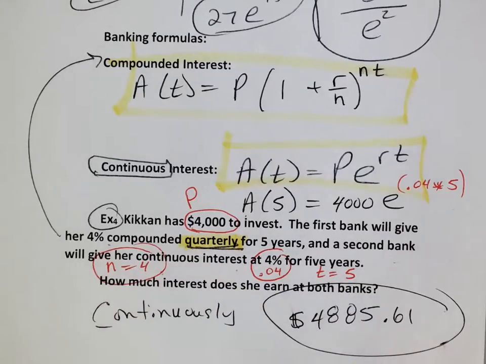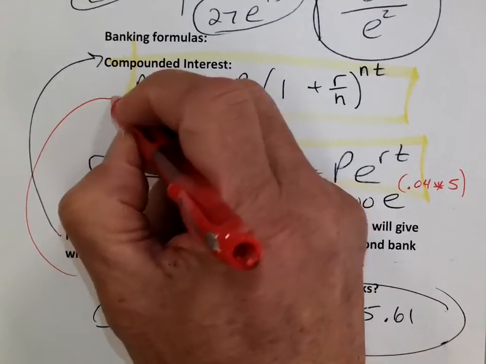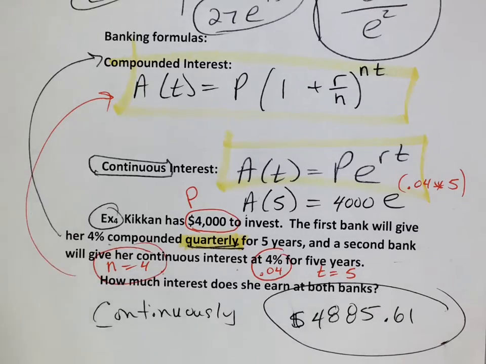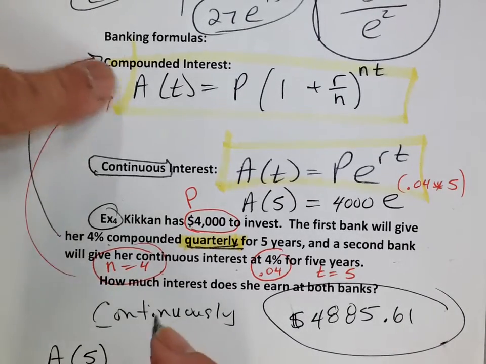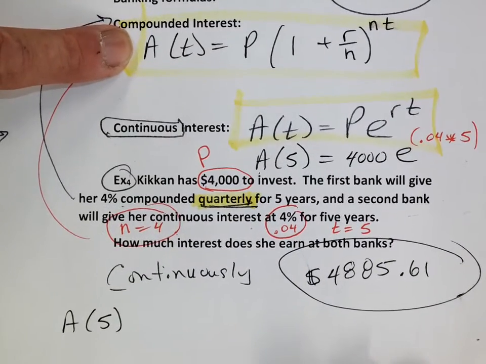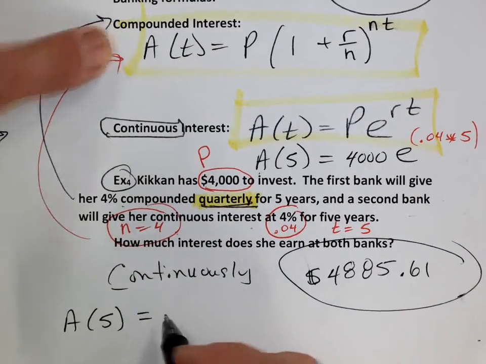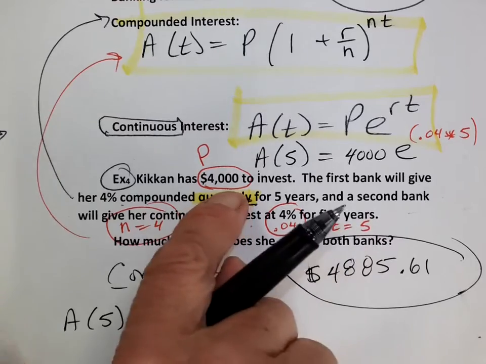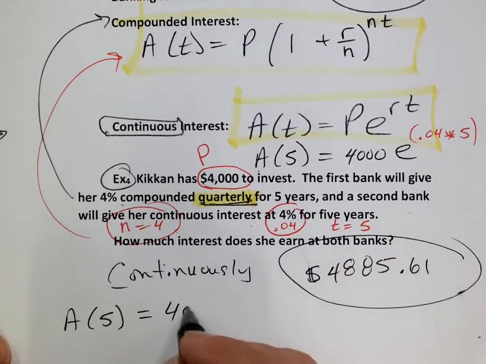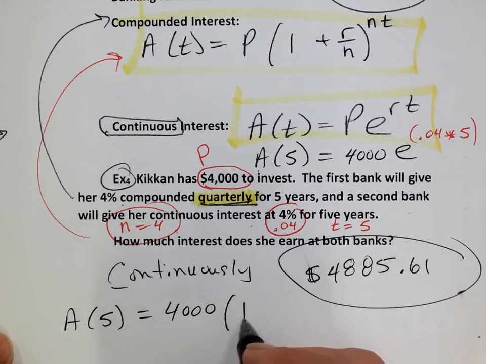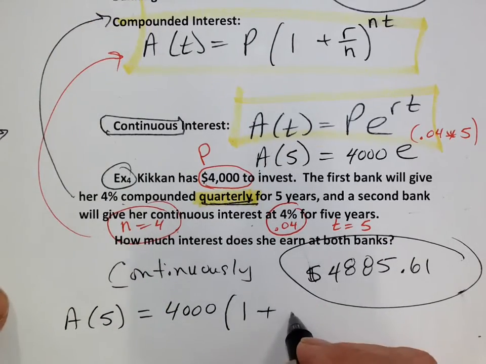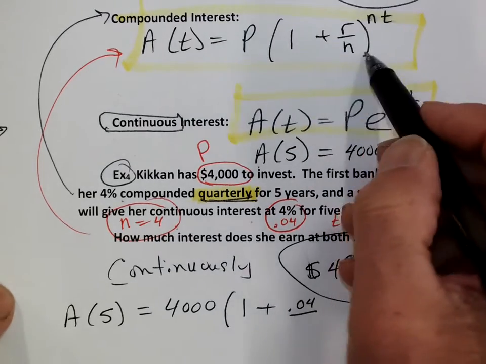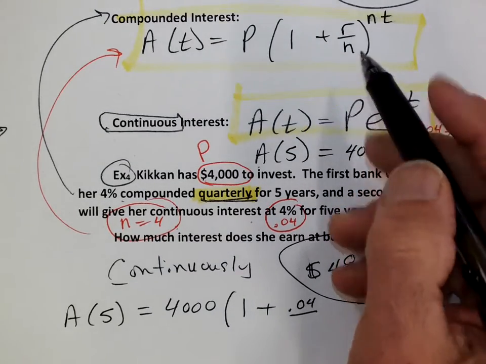So let's use the formula and plug in all this information. A of 5, because we know the amount over 5 years, is equal to P, the amount of money we put in. We're going to put 4,000 into the bank. 1 plus, following the formula, r, the interest rate, which is still 0.04, divided by n. n is the number of times per year, so divided by 4.